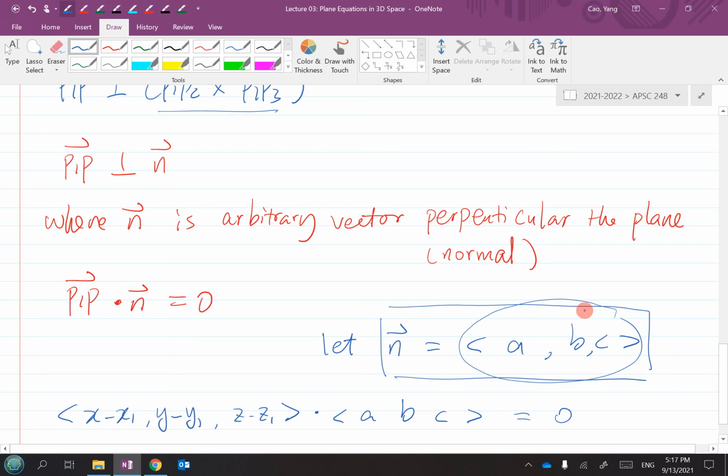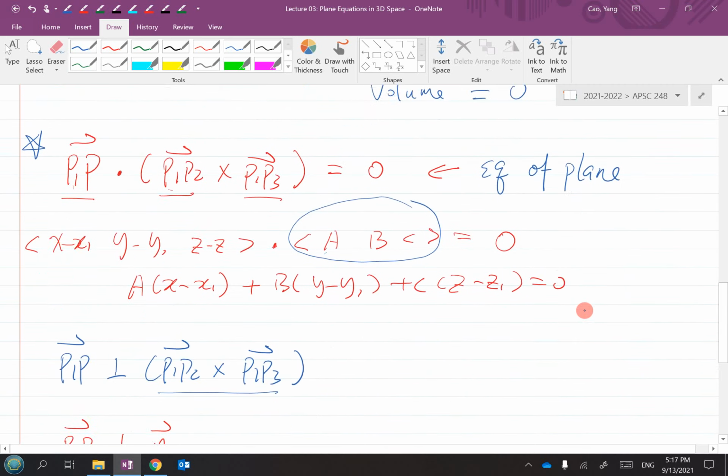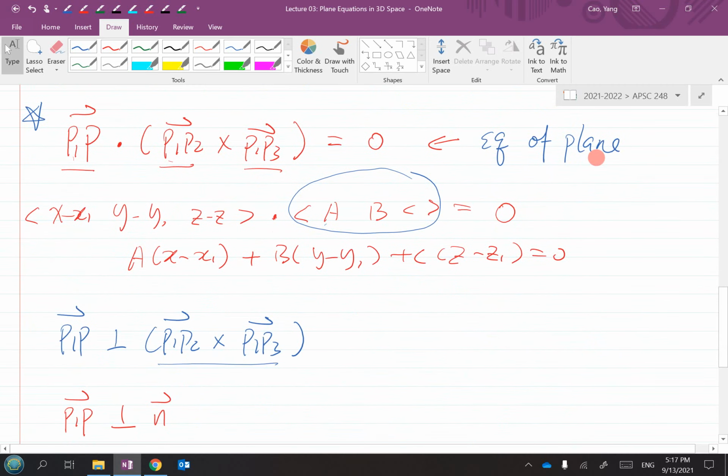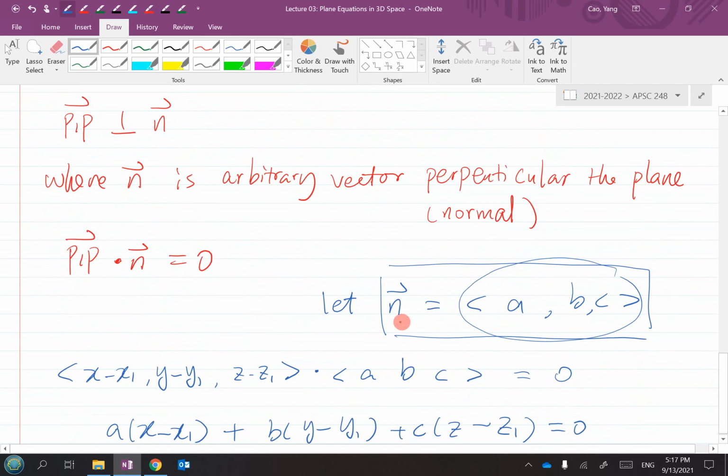Okay. So basically, this cross product here is a special case of this n here. Right? It's a special case. And they're only different by a scale sometimes, I would say. The magnitude difference basically means it's only different by a scale. Okay. So you've got to be clear.